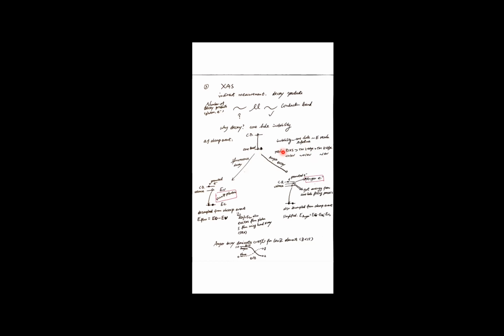If you look at the picture for RIXS, you'll see that, in fact, the core hole is in the 3d orbital. The core hole is not in the 1s or the 2p. We cannot call it a core if it's 3d, but you get the idea. The hole is in the 3d, and a 3d hole is much more stable than 2p and 1s. So RIXS has extremely high energy resolution.